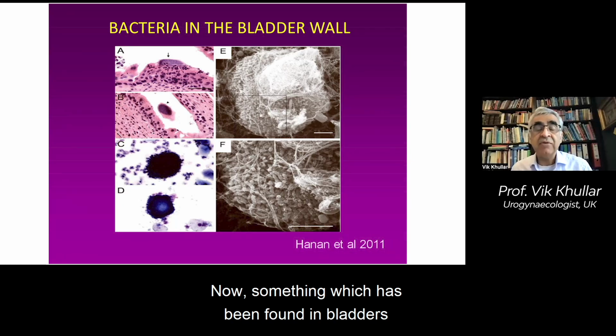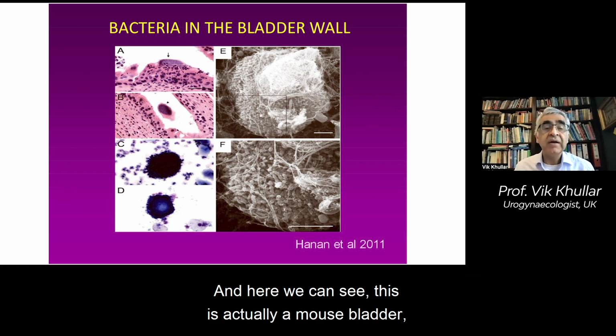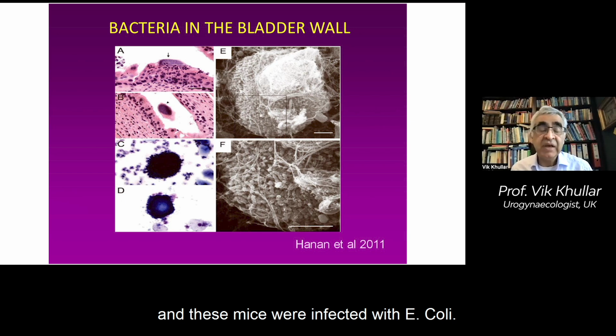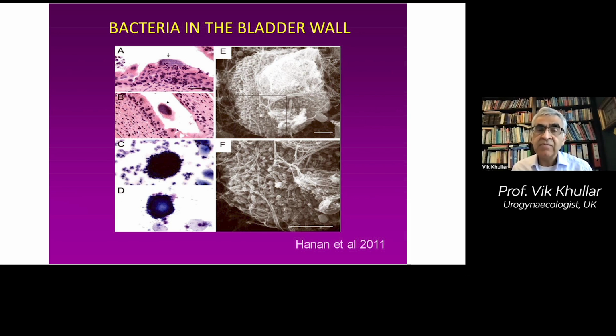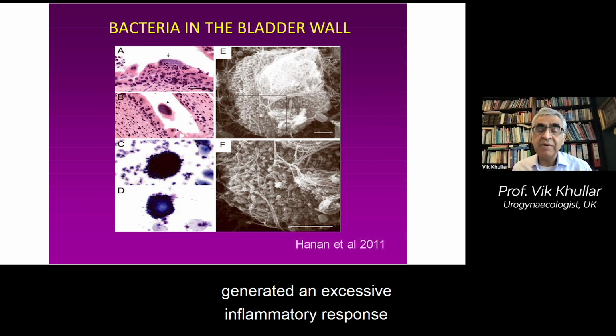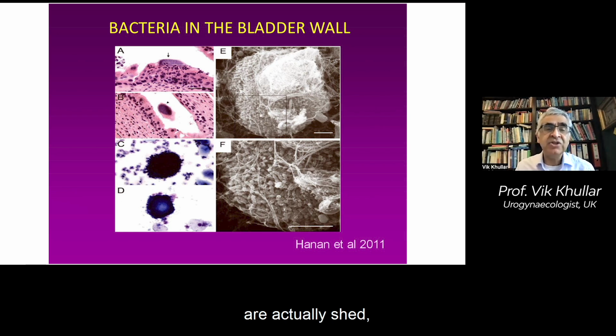Now, something which has been found in bladders are bacteria living in the cell wall. And here we can see this is actually a mouse bladder, and these mice were infected with E. coli, and it was found that about a third of the mice generated an excessive inflammatory response, which meant that the cells which line the bladder are actually shed.